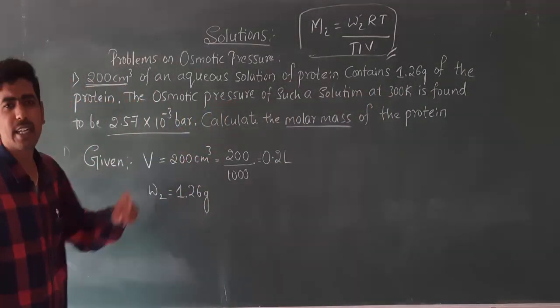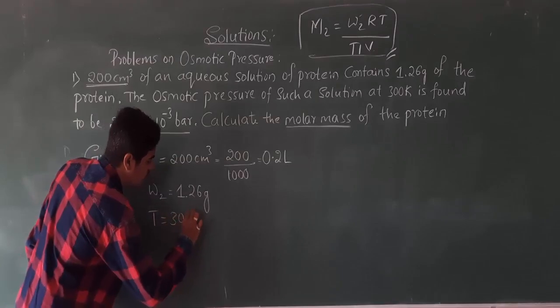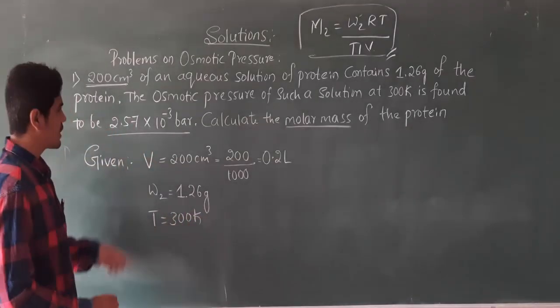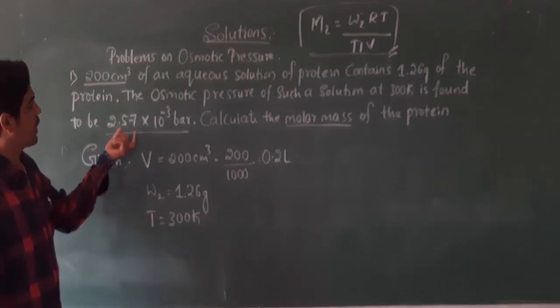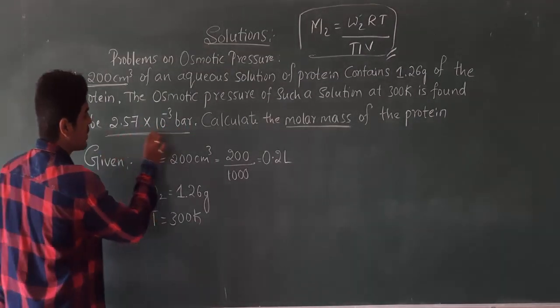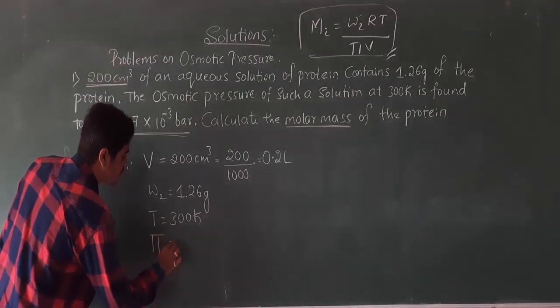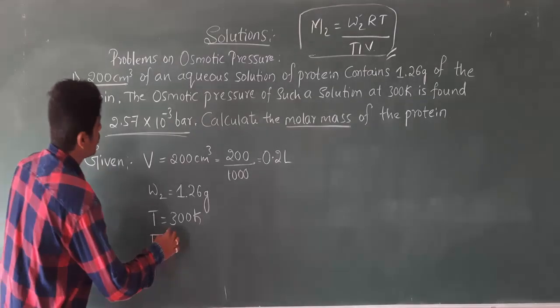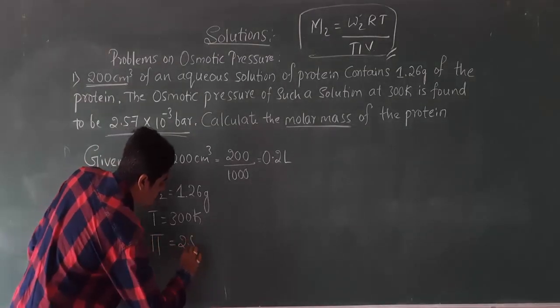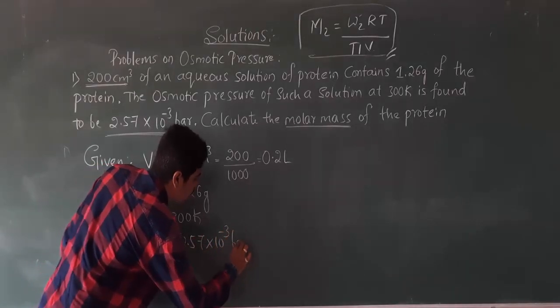So 300 Kelvin represents the temperature, so T is equal to 300 Kelvin. It is found to be 2.57 into 10 raised to minus 3 bar, and that indicates the osmotic pressure, denoted as pi. So it is 2.57 into 10 raised to minus 3 bar.